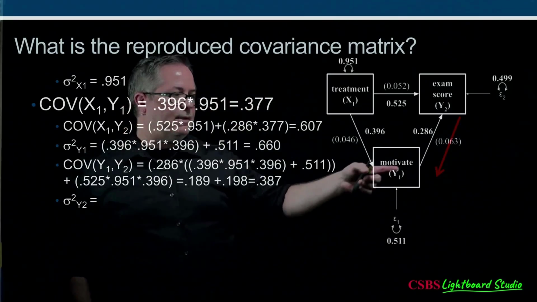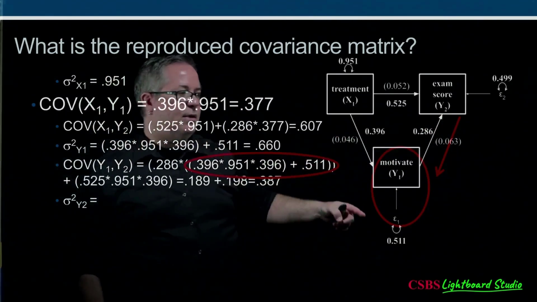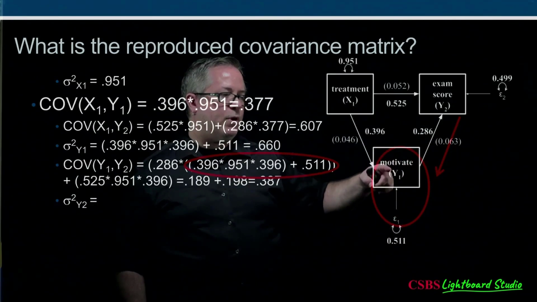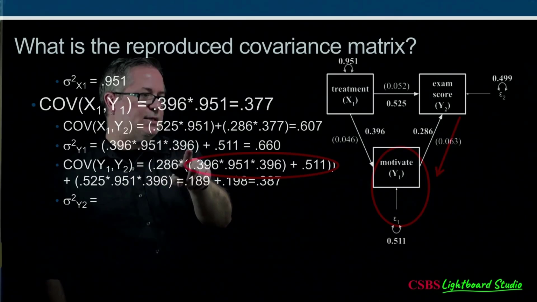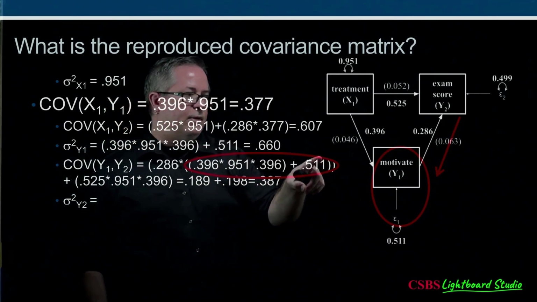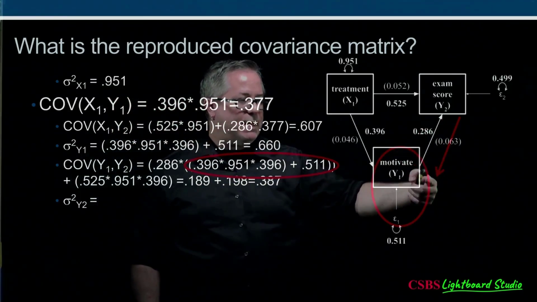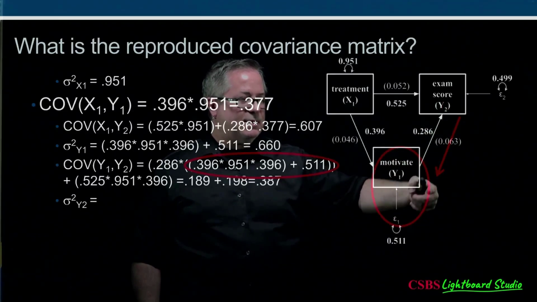So with betas, I'm going to take 0.286 times the entire variance of y1. What was the variance of y1? We figured that out above. 0.396 times 0.951 times 0.396 plus 0.511. This whole thing is the variance of y1 that I've now included along this path. Because this is a beta, I'm going to take that path times this.